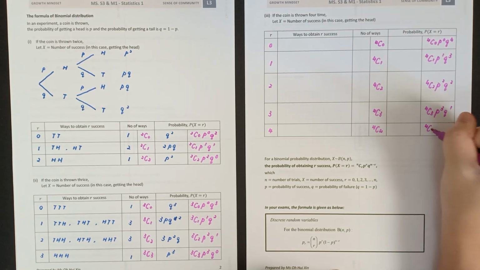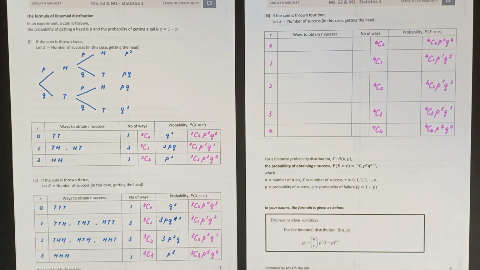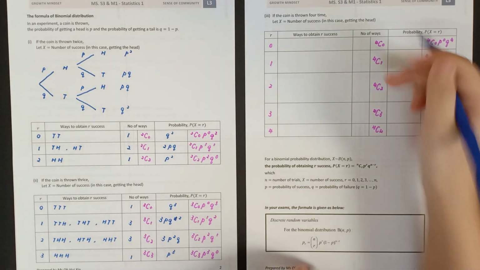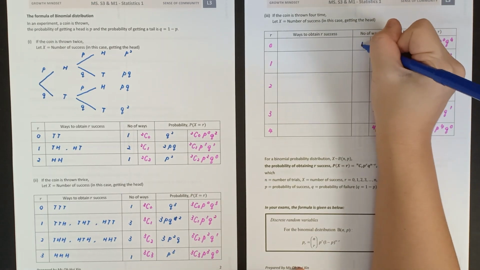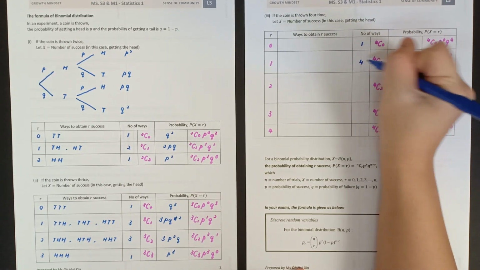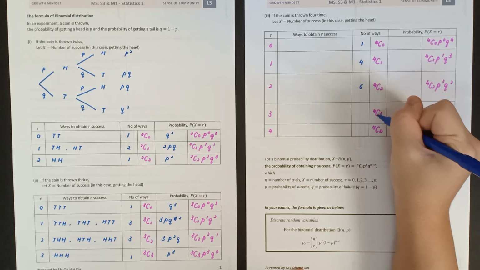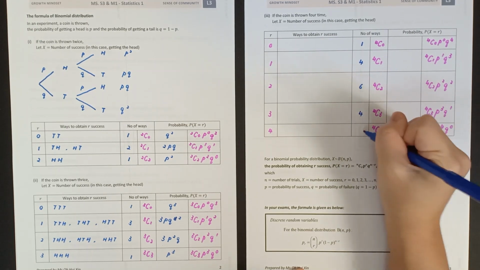So 4C4, success 4 times, Q 0. Okay, so now we try to check manually whether everything is correct or not. Okay, so 4C0 is 1, 4C1 is 4, 4C2 is 6, 4C3 is 4, 4C4 is 1.